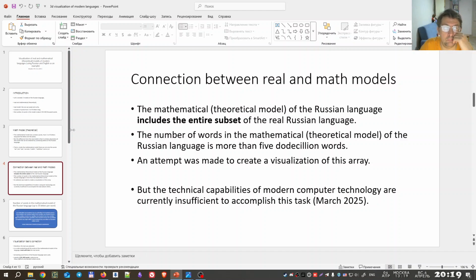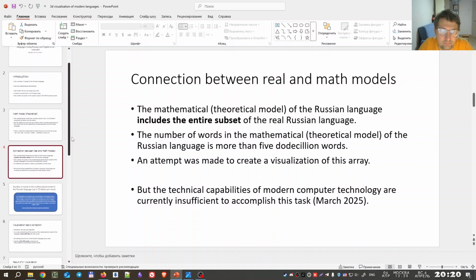But what if we use the real language as dots on the mathematical model? Can we draw the Russian language, the existing language, on the theoretical model? Yes, we can. Let's look at it.